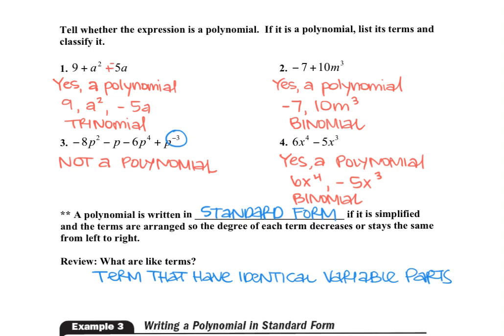And remember, in order for them to be identical, it means that they also have to have the same exponent. So x squared and 2x squared would be like terms, but x squared and 2x to the third power would not be like terms because they are not identical.